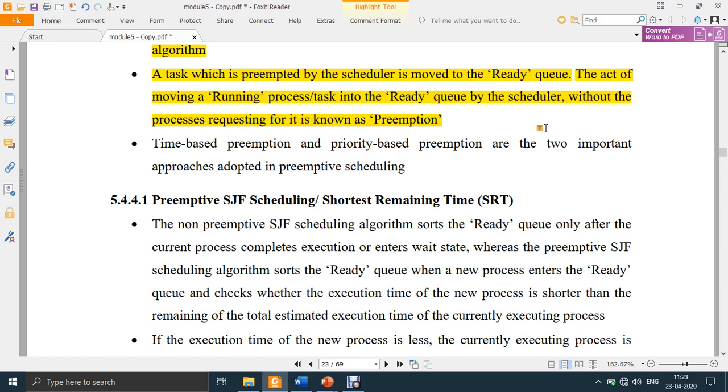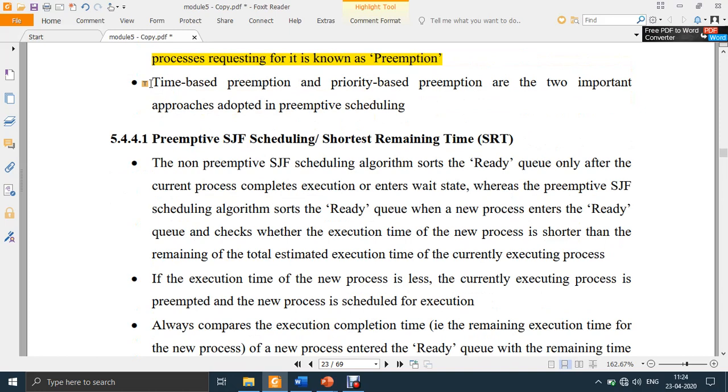But even though it doesn't want to give it away, the scheduler will forcefully deallocate the CPU from it and move it from the running state to the ready state, which is known as preemption. There are two approaches: time-based preemption and priority-based preemption. Time-based, because each patient will be given, let's say, 10 minutes to consult the doctor.